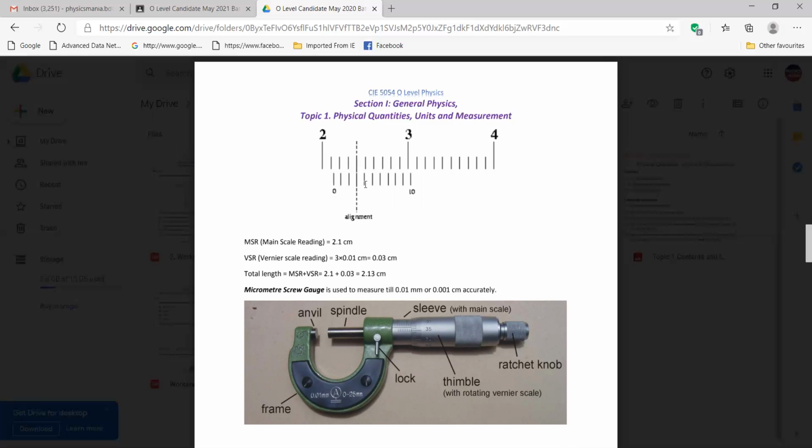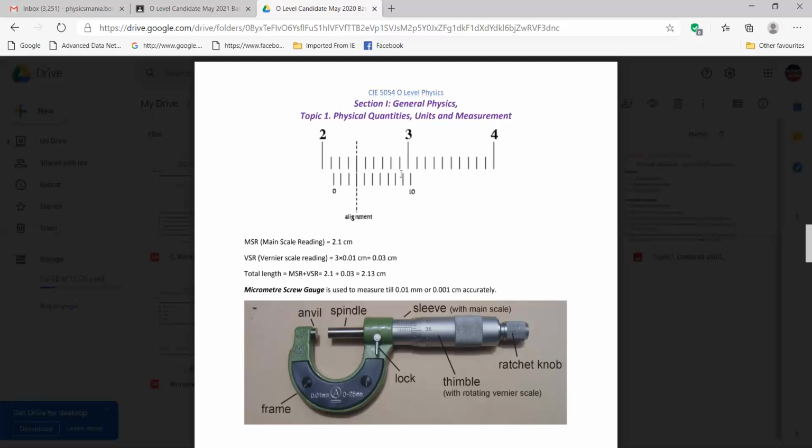Now the vernier scale reading. We see that these two lines, the vernier line and the main scale line, are directly matching, right, overlapping with each other. But the other lines are not like these two.